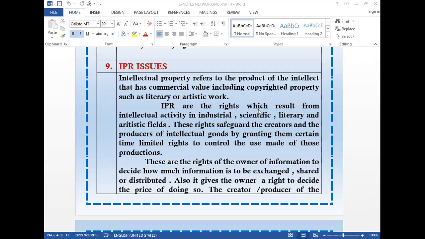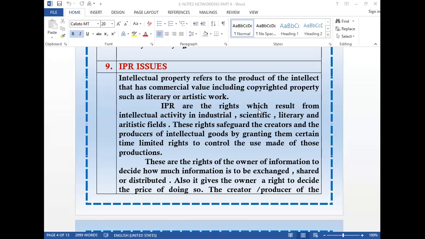So IPR rights are the rights given by the law to the creator of the information, to the developer of the information, to the creator of the product, to the owner of the product, on how much information he wants to share with others, and if he is sharing the information, will he charge some price for that?